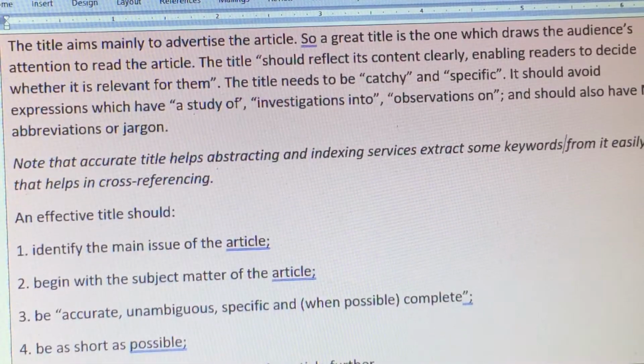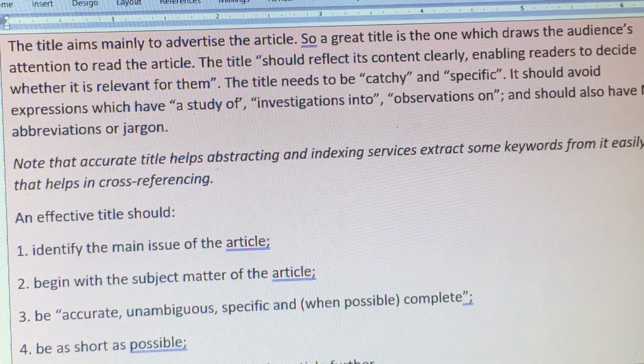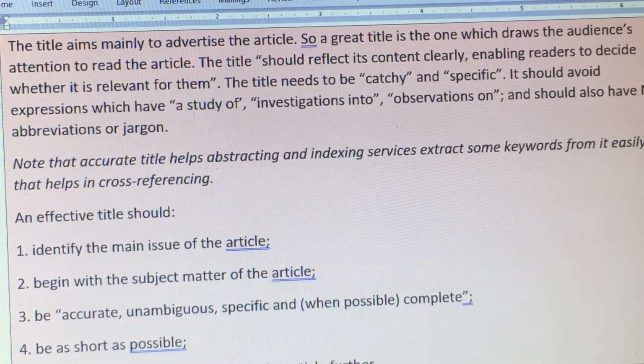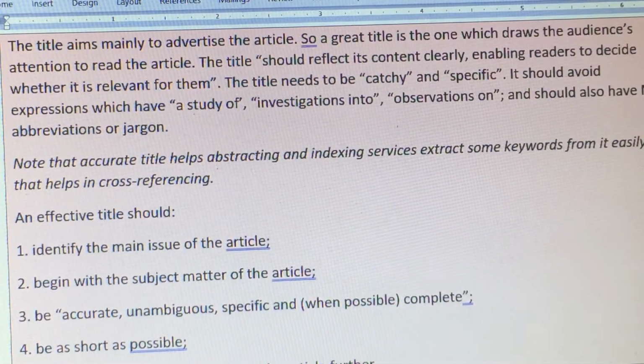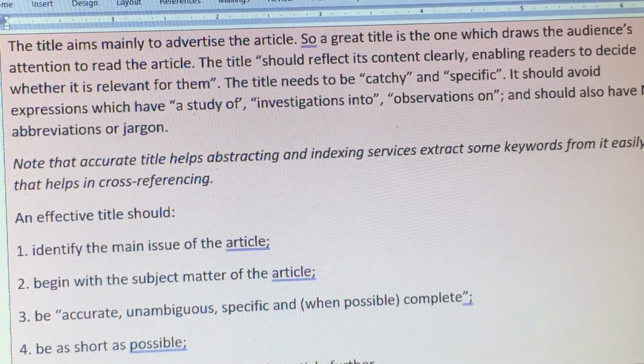So an effective title needs to identify the main issue of your article, and it should begin with the subject matter, perhaps. It needs to be accurate, unambiguous, in other words very clear, and more specific, and it should reflect the whole of your paper.